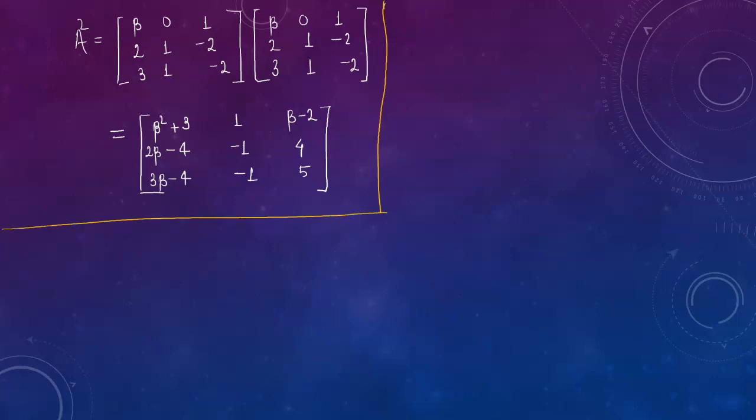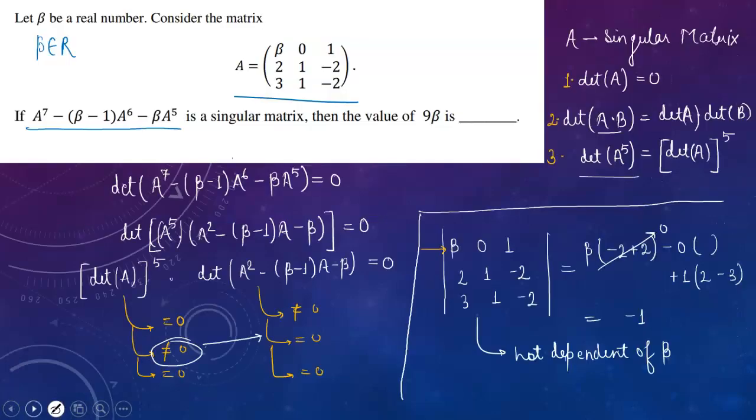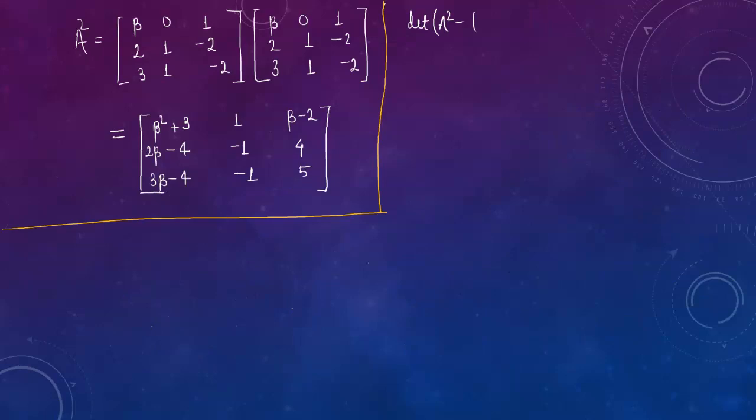So the equation was determinant of A squared minus (beta minus 1) into A minus beta, I think, minus (beta minus 1) into A minus beta I, equal to 0.